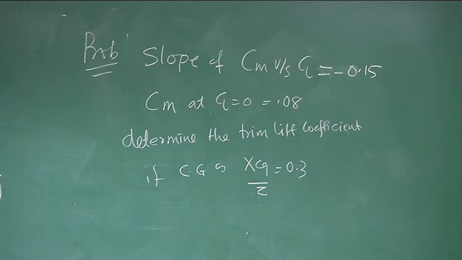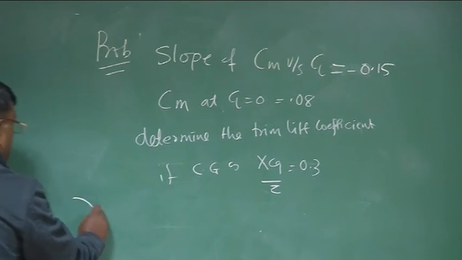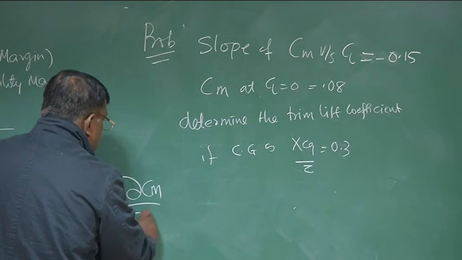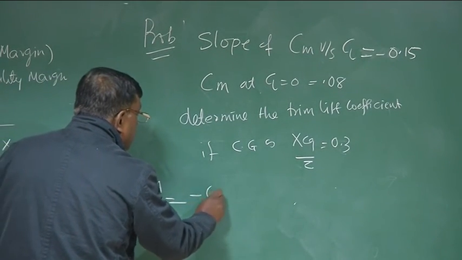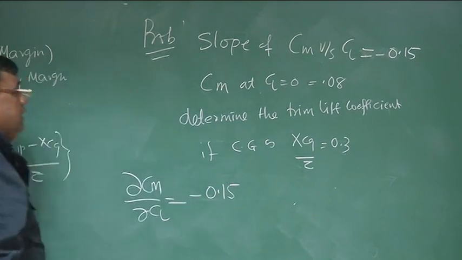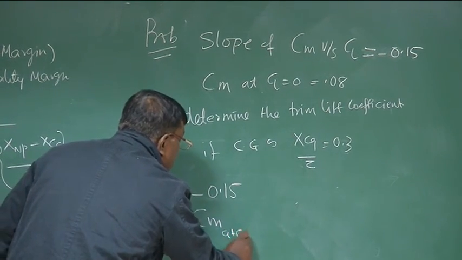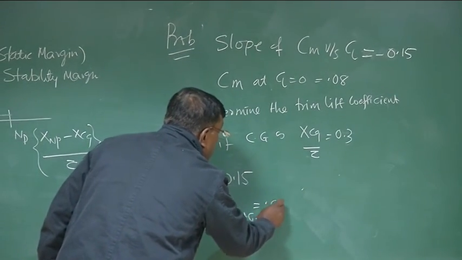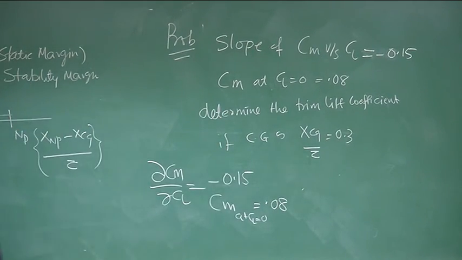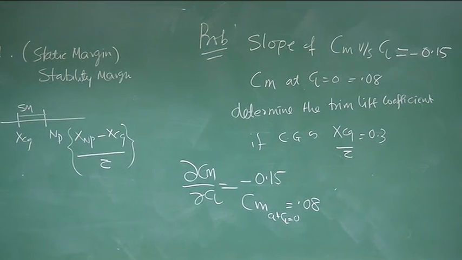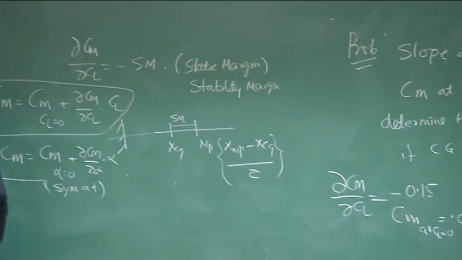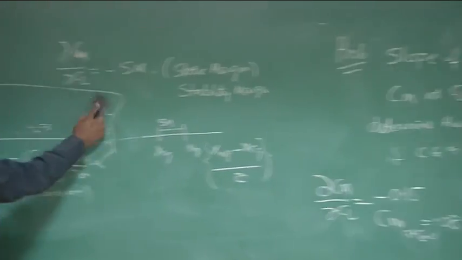The slope of CM versus CL is minus 0.15, that is, dCm by dCl is minus 0.15. So this is a statically stable case. And CM naught, that is CM at CL equal to 0, is 0.08. So it is possible to trim at positive alpha. Question is, determine the trim lift coefficient. What is the CL for which it can be trimmed easily without doing anything else?